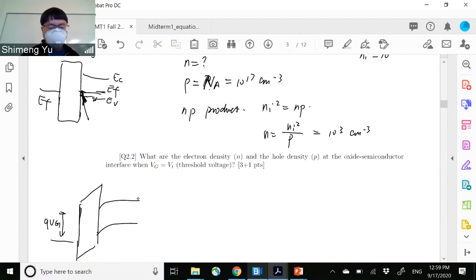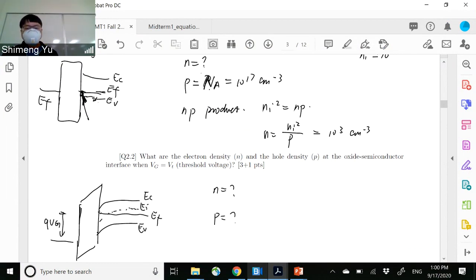So the band will be bent. So this is EC, EV, EF, and here you have the Ei. So it's something like this. And then again, what is N and what is P? I'll give you a few minutes.